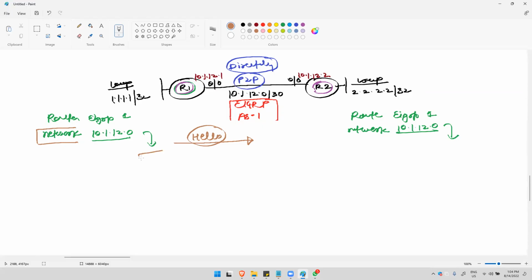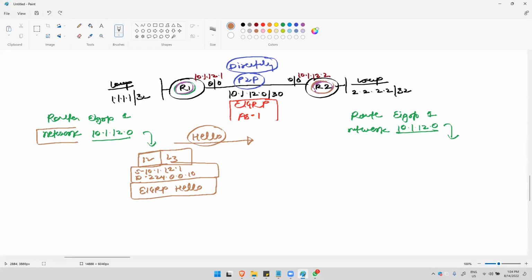Whenever a hello is sent, at L2 we add the MAC address and at L3 we add an IP. The source IP is 10.1.12.1 and the destination is 224.0.0.10. We are sending multicast data, an EIGRP hello, on this multicast address.